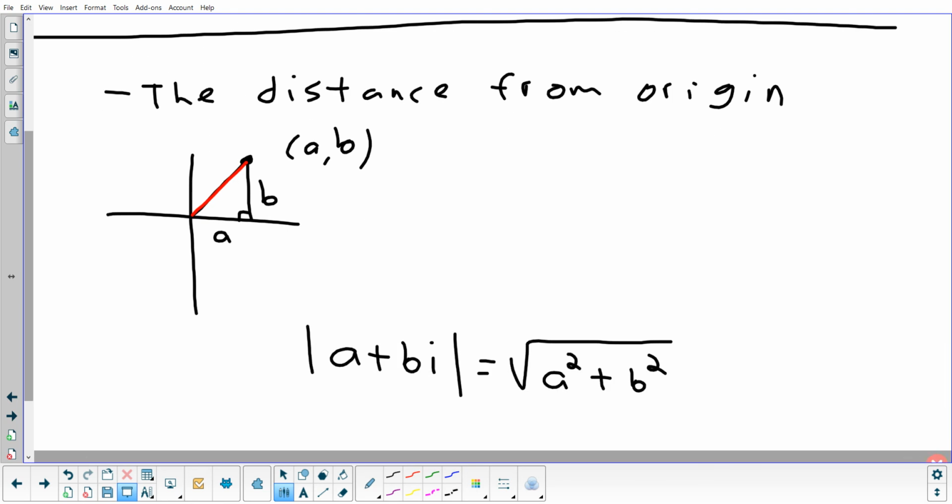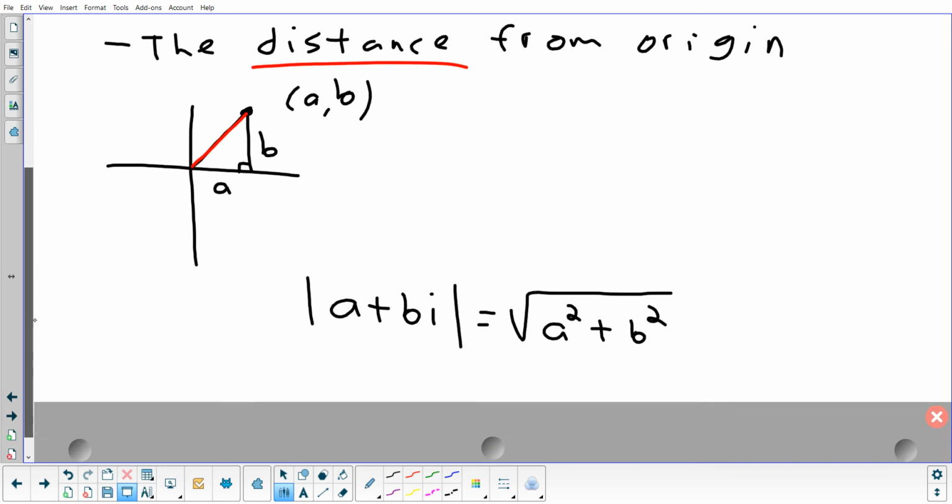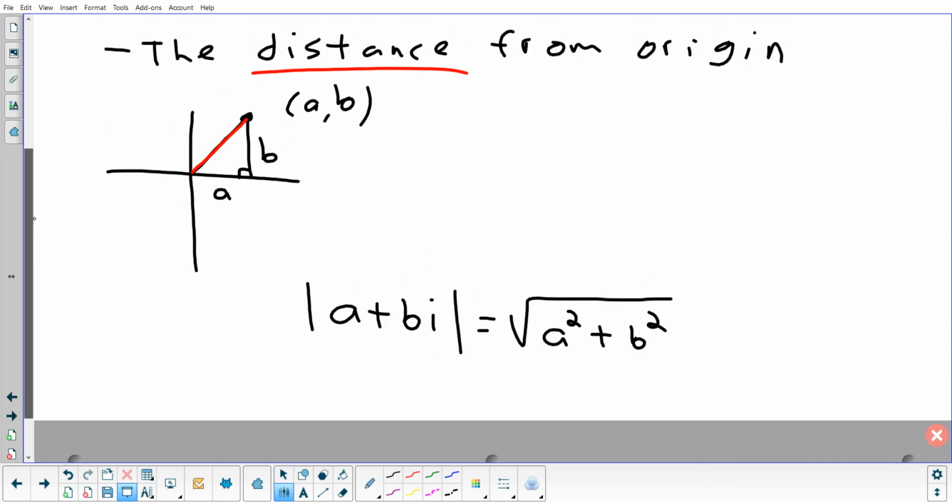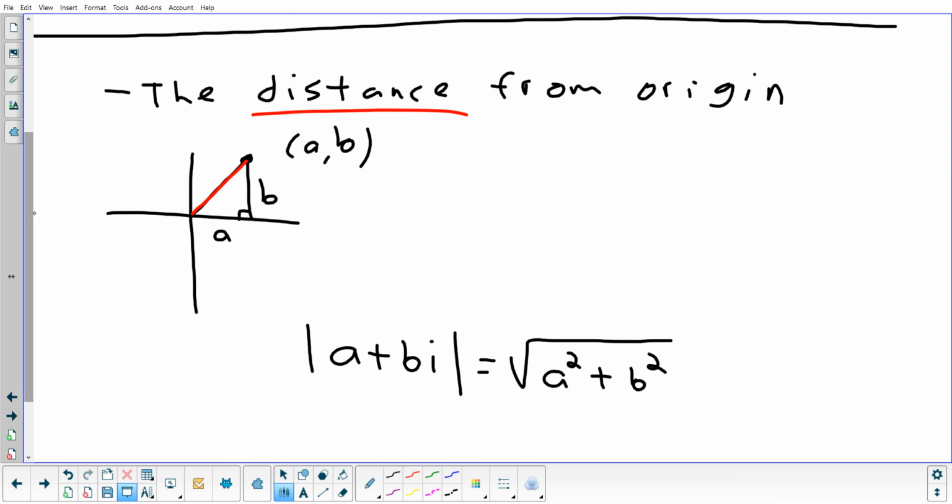A squared plus B squared equals C squared. And then you take the square root of each side, and there's your absolute value. Just like absolute value of a real number, it's always positive. Okay, so you don't want to write down a negative number because it's measuring distance. Distance can never be a negative number. Any questions on that?